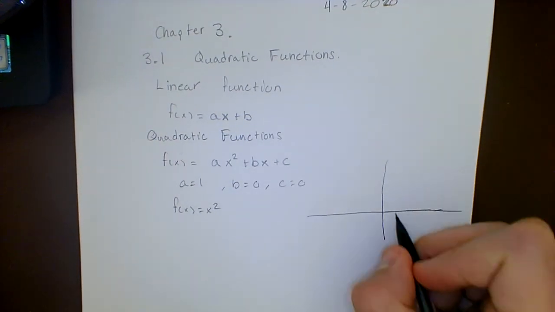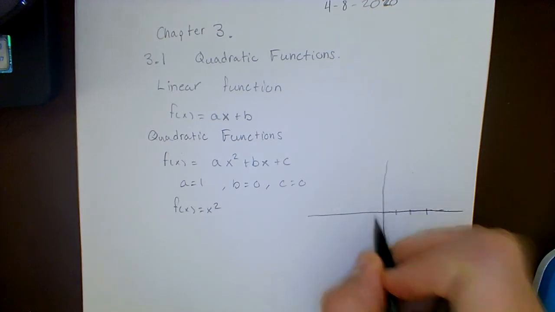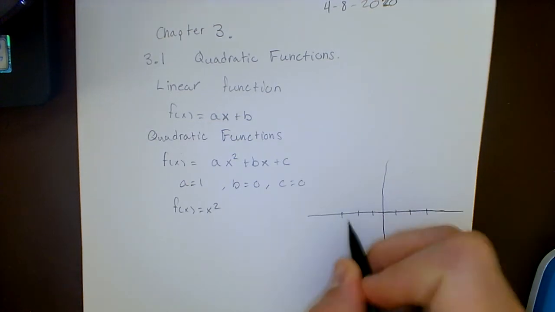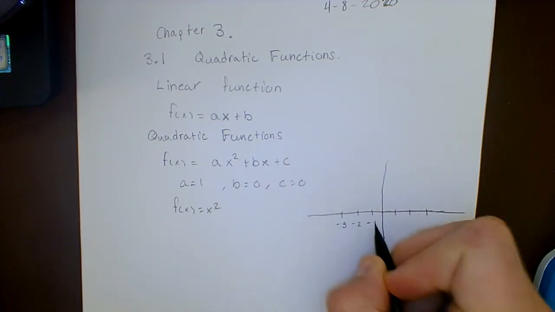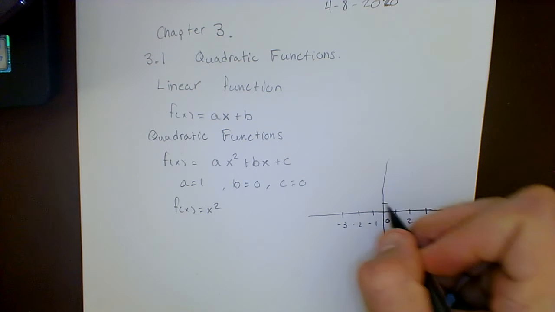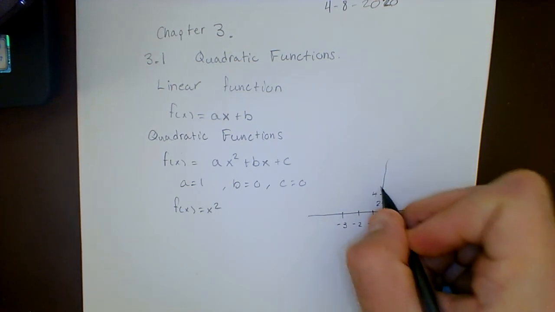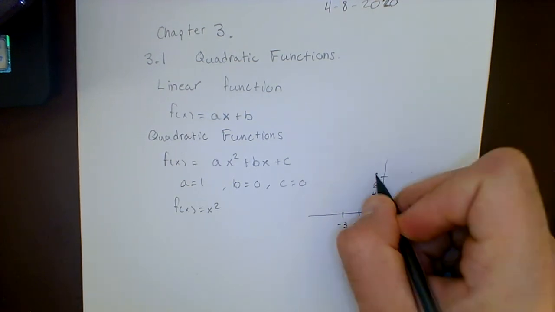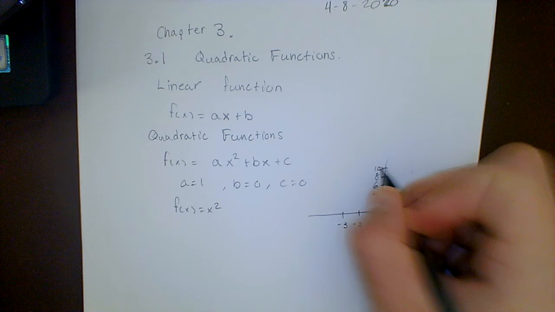So if you have 1, 2, 3, negative 1, negative 2, negative 3, and I'm going to go up by 2s here: 2, 4, 6, 8, 10.